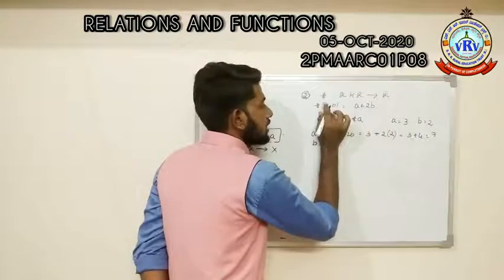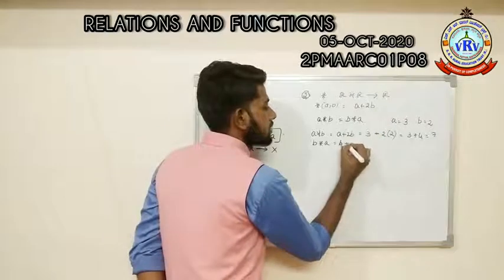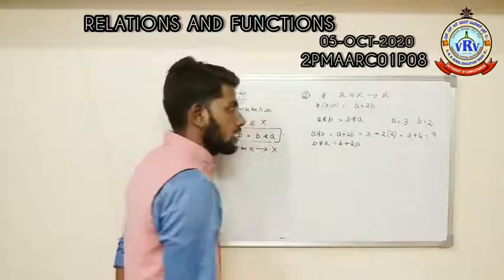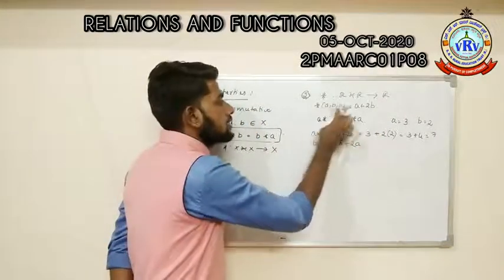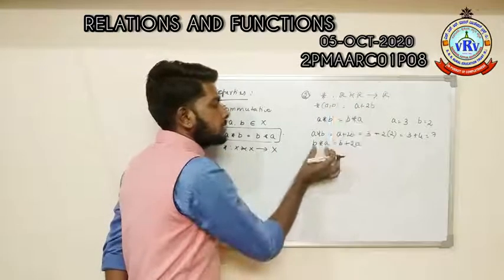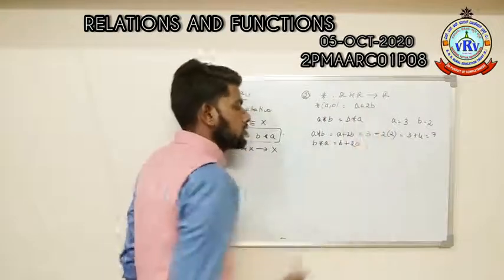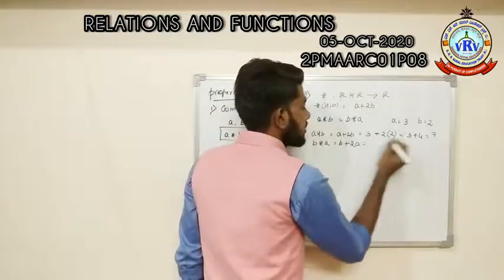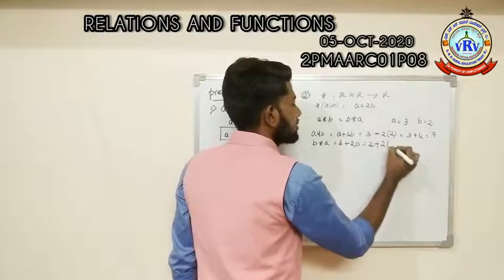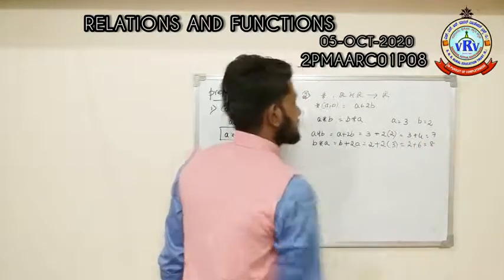Here A star B is equal to A plus 2B, B star A is B plus 2A. Here we are considering B A, so it becomes B plus 2A. B is 2, 2 into A is 3, that is 2 plus 6, 8.